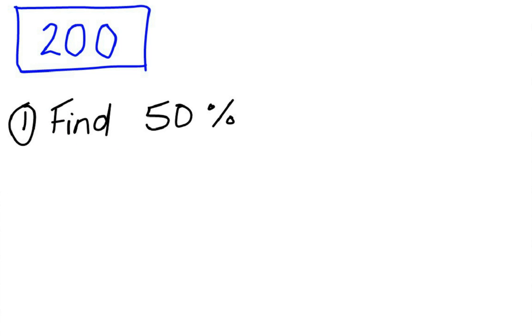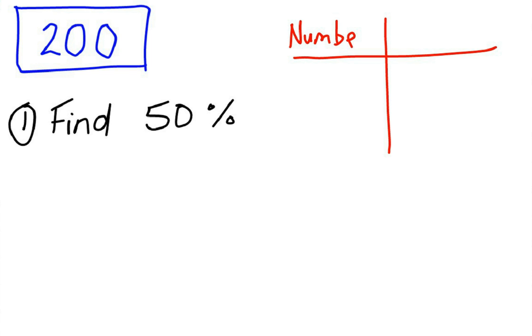We're being asked to find 50% of 200, and this is how I'd like you to go about this. I would like you to draw yourself a little table like this. In the left hand column we're going to write number, and the title of the right hand column we're going to write percentage. That's the symbol for percent.